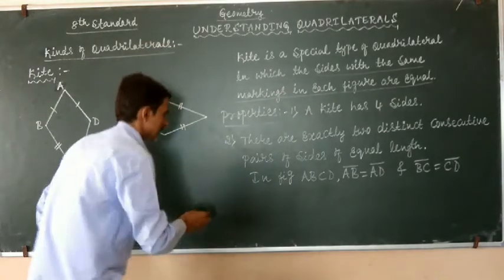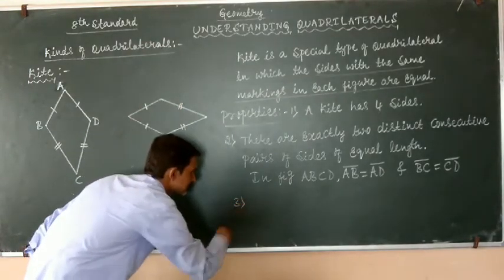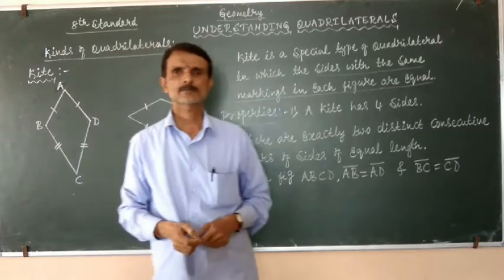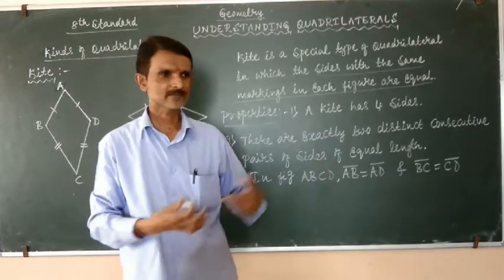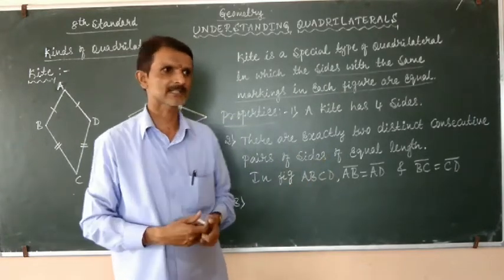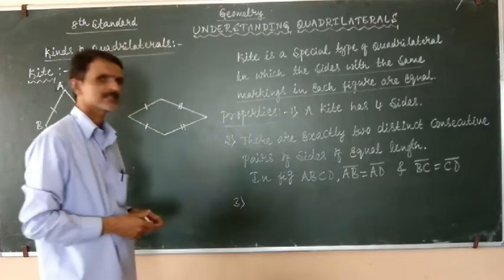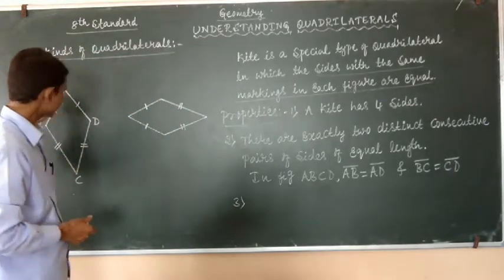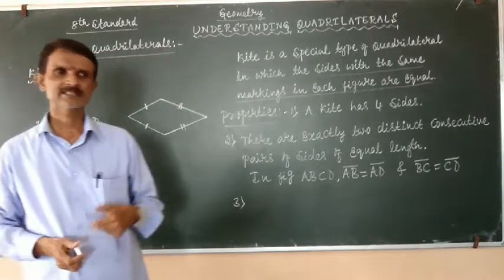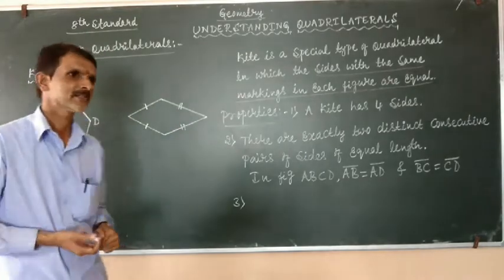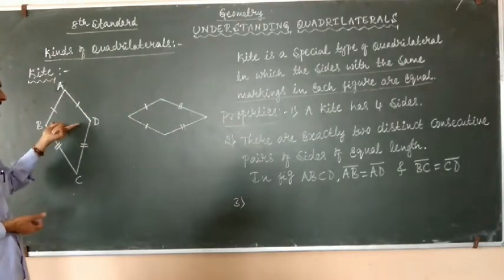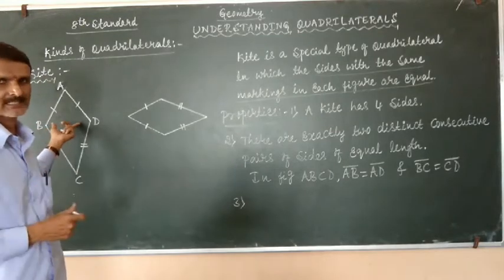And the last one, the third property. The third property is common to all types of quadrilaterals, which is the sum of the interior angles of the quadrilateral. Here also a kite is a kind of quadrilateral.